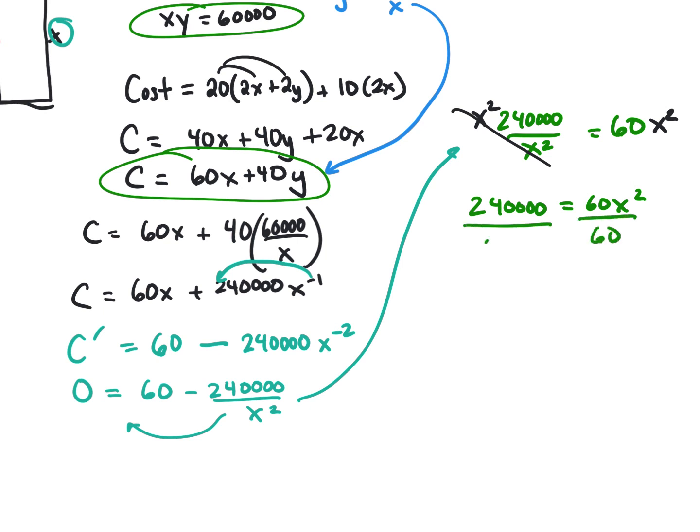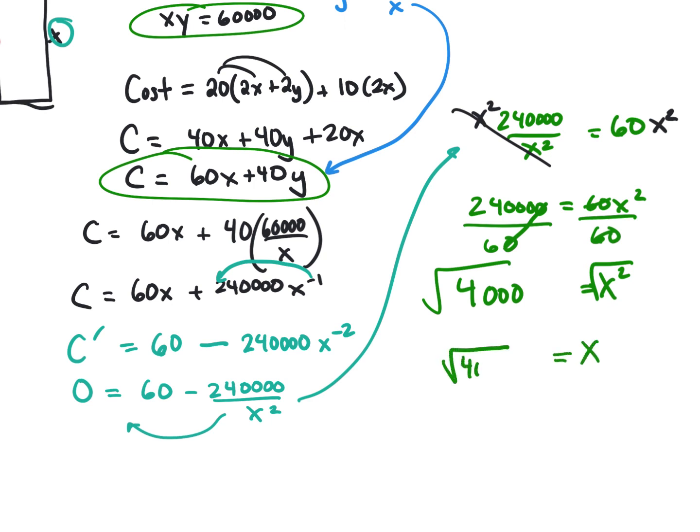And then I'll divide by 60, so I get 40,000. And then I could, of course, take the square root. Technically it's plus or minus the square root, but we know you can't have a negative fence length. So to minimize the cost, we need x to be the square root of 40,000, whatever that turns out to be.